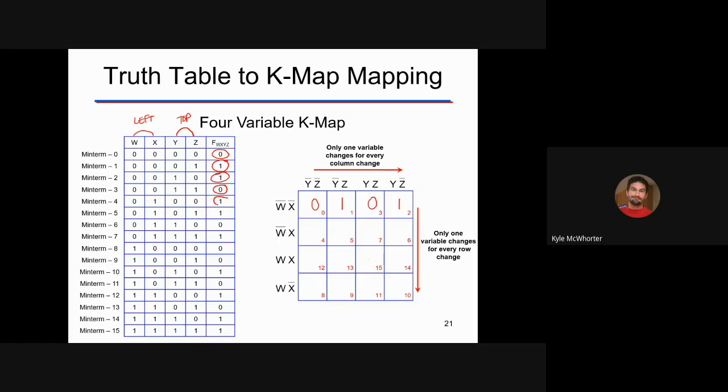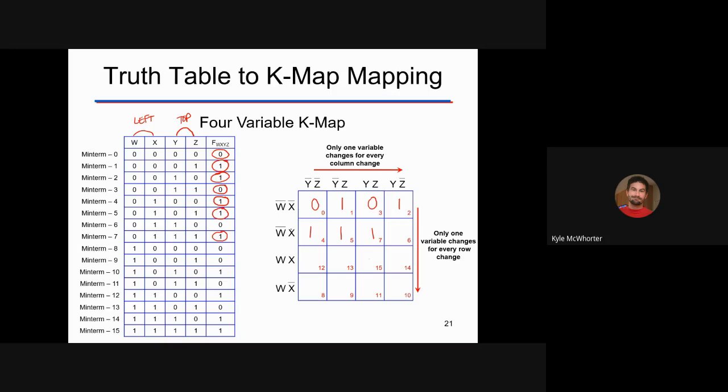That is this row. So we're going to put a 1 there. This box is 0, 1, 0, 1. That is this row. So we should put a 1 there. Then we have 0, 1, 1, 1. That is this row. So that's a 1.